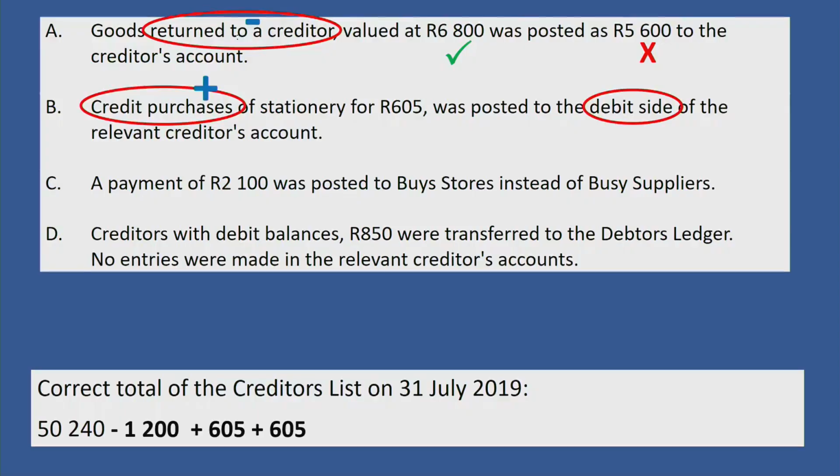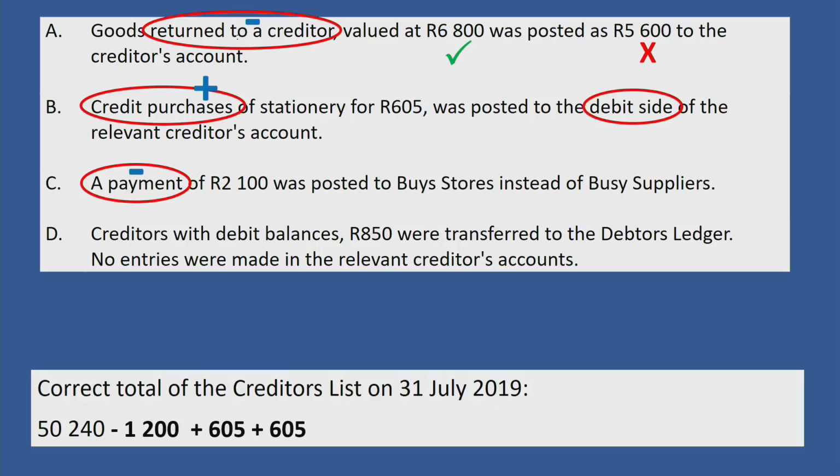Okay. Number C. I read a payment. I immediately circle payment, and I immediately make a minus. Why did I not even read further? I'm going to read further, it's important, but remember everything is from our point of view, if I make a payment, I owe them less.